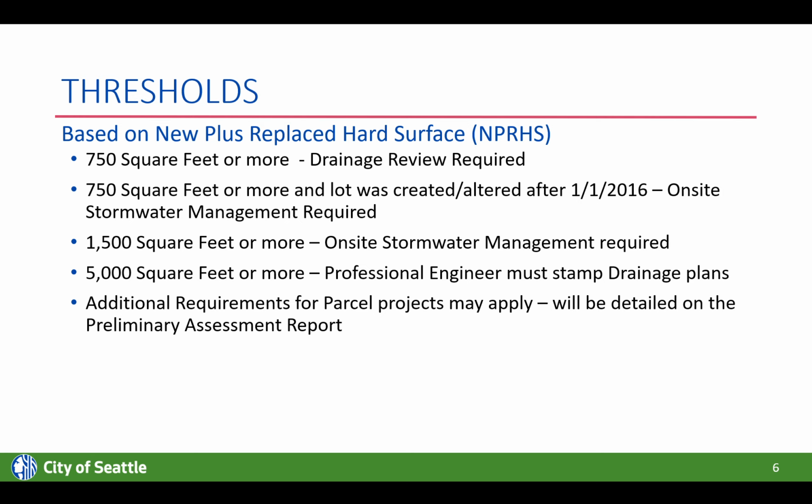However, you're not required to submit formal documents such as the drainage plan and construction stormwater control plan. The requirements for the stormwater code become more subject to site approval, and you will work with your site inspector to meet those requirements when you're under that 750 square feet.